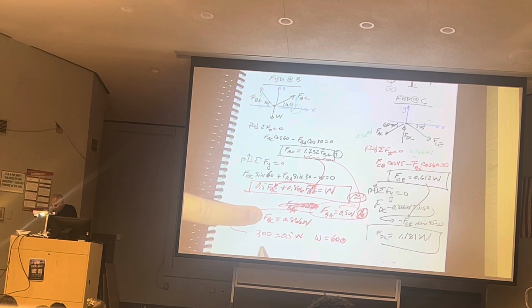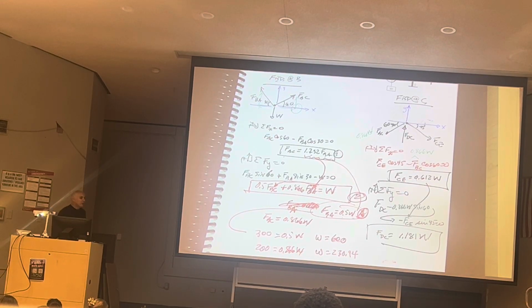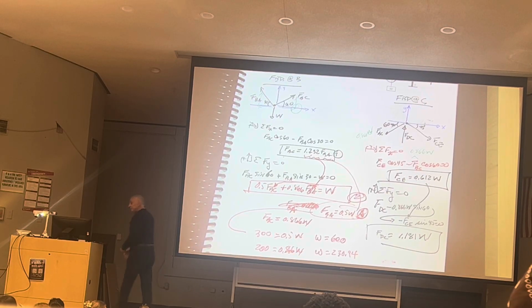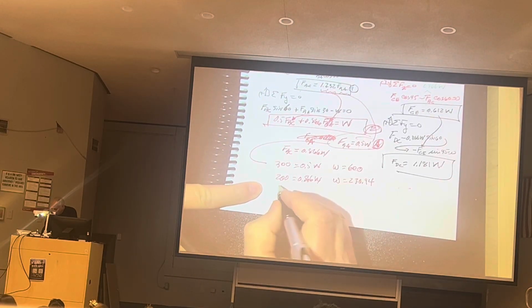BC has a strength of 200. 200 is equal to 0.866 W. W is equal to 230.94. So what's the largest W you can carry without a failure right now? 230. Right? And 2 more.